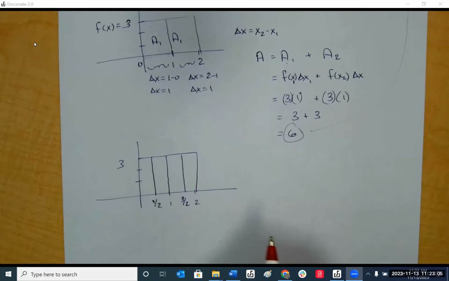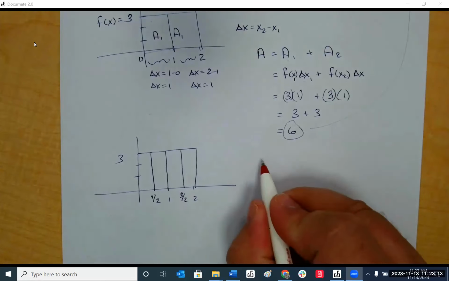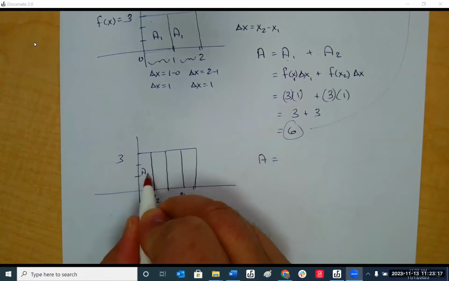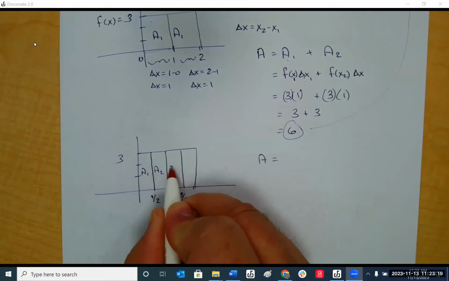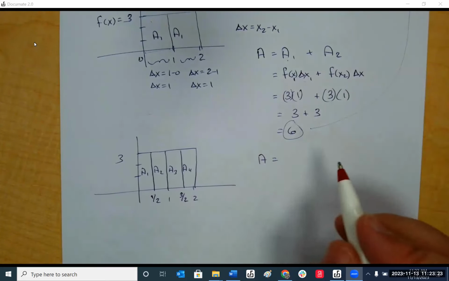We're partitioning our graph into smaller pieces, then adding. So we have area 1, area 2, area 3, area 4.